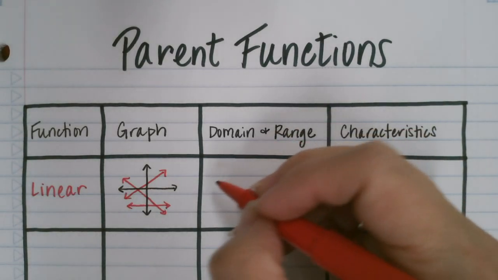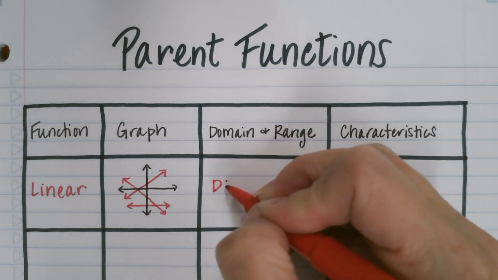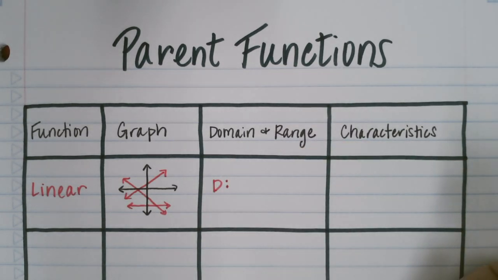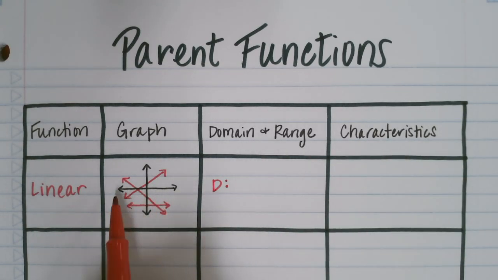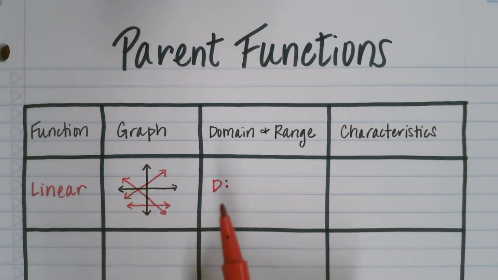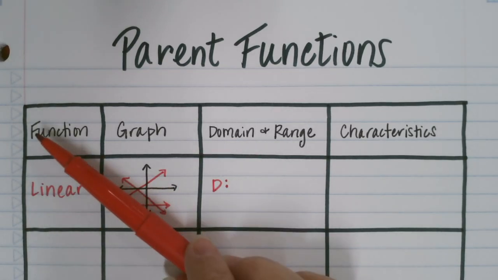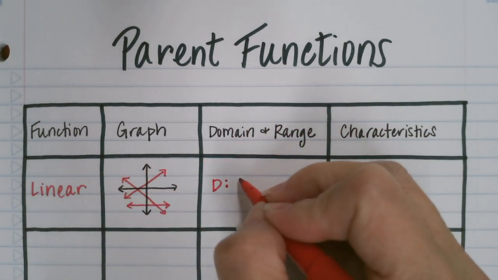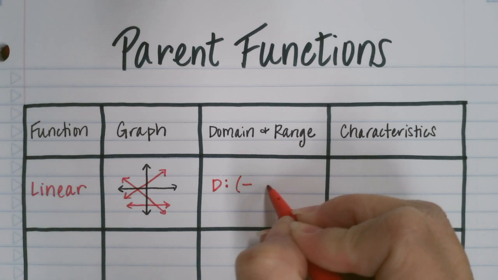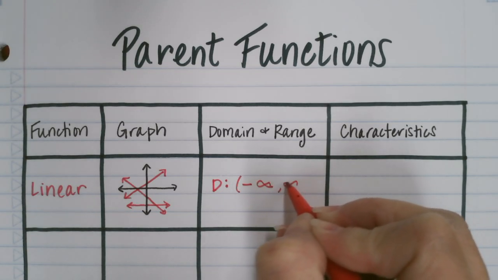All right, domain and range. So domain, as you remember, is referring to the x values of our function. And when we look, a line is going to go on forever in both directions. So that means it's going to continue forever to the left, and it's going to continue forever to the right. So our domain is from negative infinity to infinity.